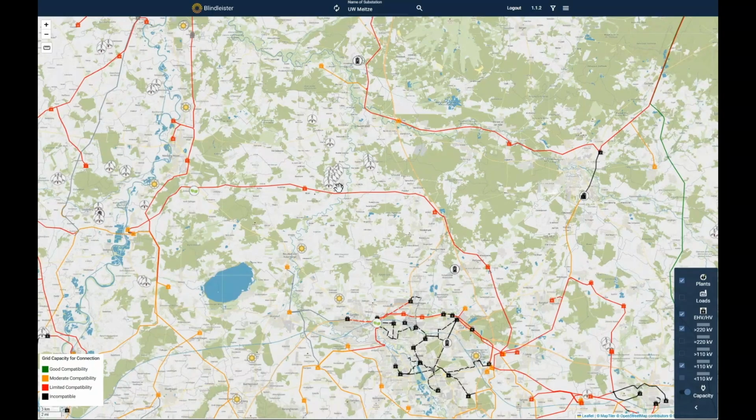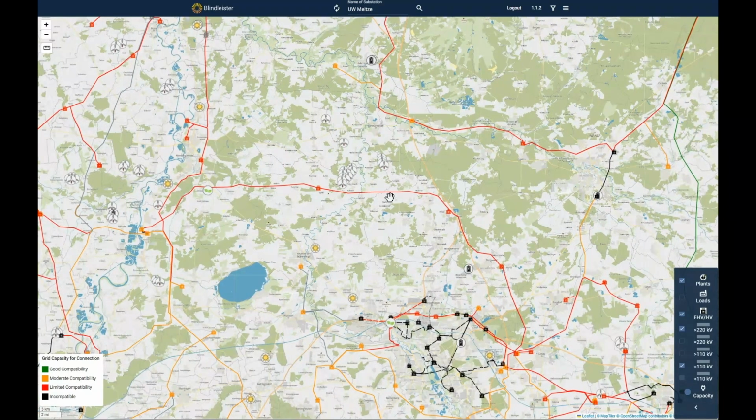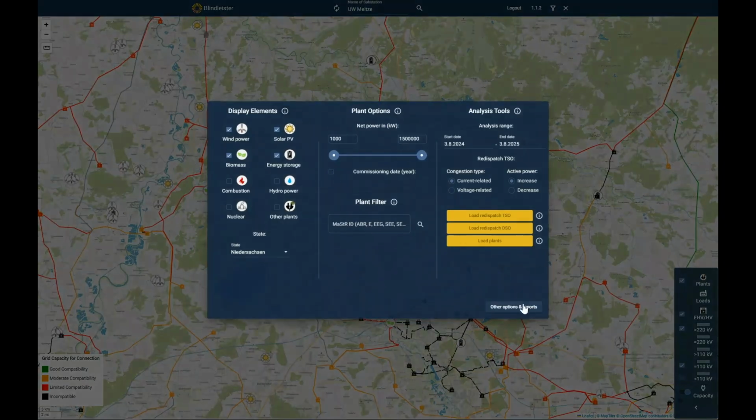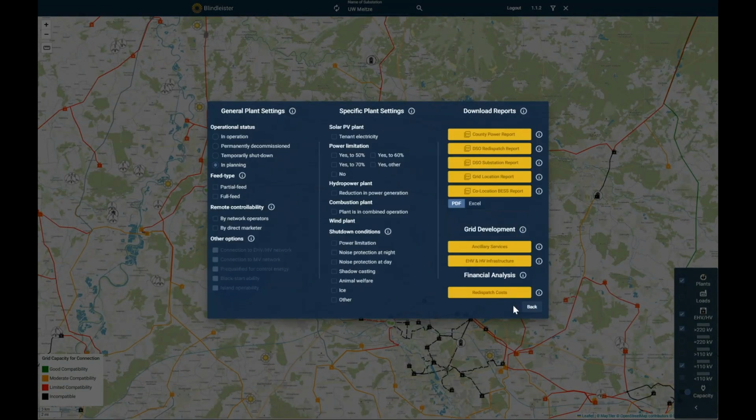But first of all, we are also interested in what is planned when it comes to future grid development plans. Maybe this kind of line here is going to be strengthened. Therefore, we go on other options and reports.